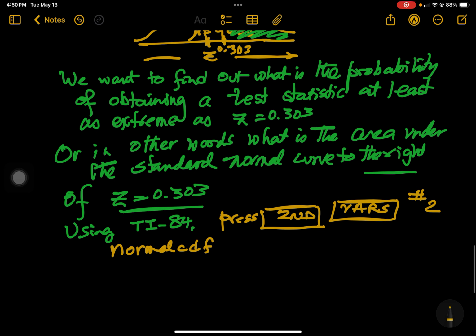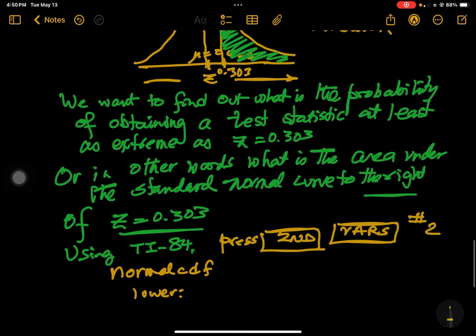My lower, although the calculator has a tendency to set the lower at -1E99, in this case we are on the right of 0.303, so my lower is 0.303. My upper is a very large number all the way to the right, 1E99, that is 1 followed by 99 zeros, or infinity.